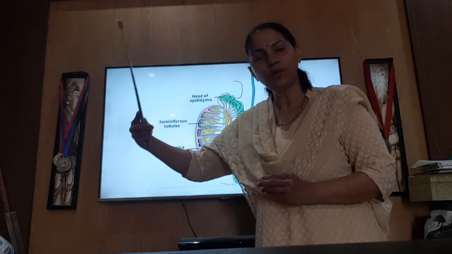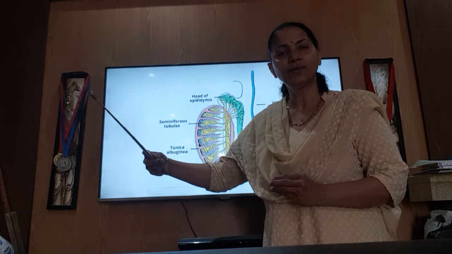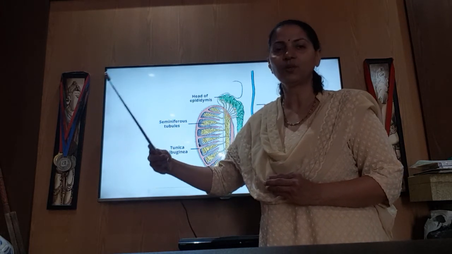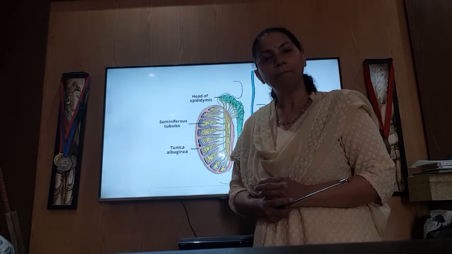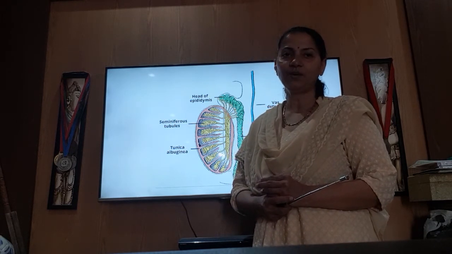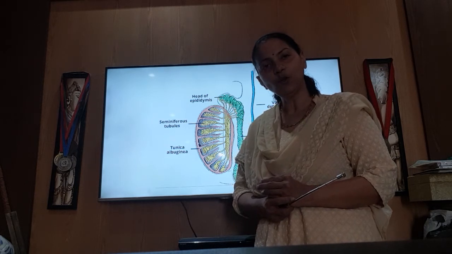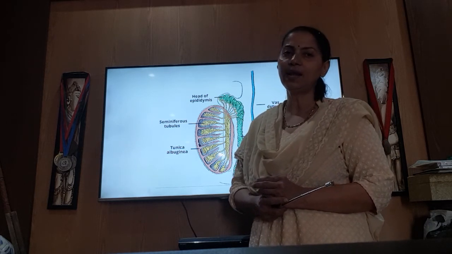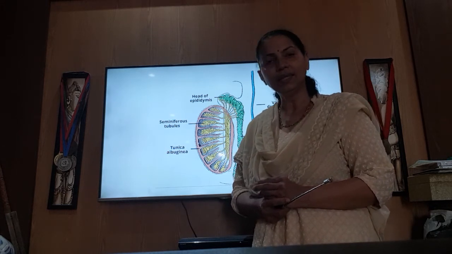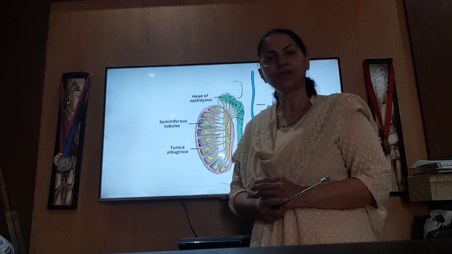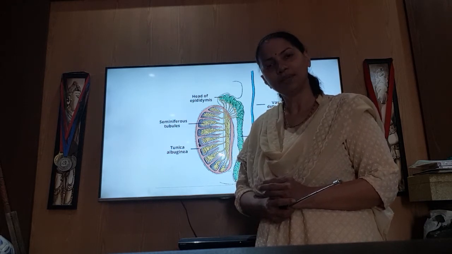So the outer spermatic fascia is coming from the transversus abdominis muscle, so it is also called fascia transversalis. The middle spermatic fascia is coming from the combination of fascia from internal oblique as well as fascia transversalis. The inner spermatic fascia is coming from the fascia of external oblique muscle.